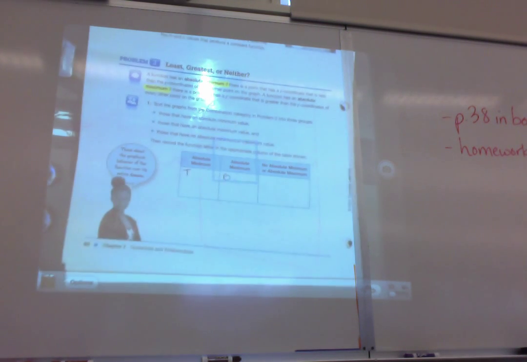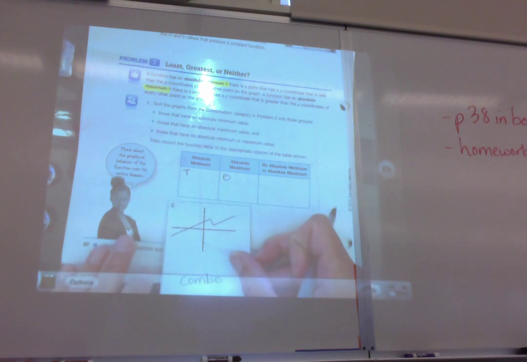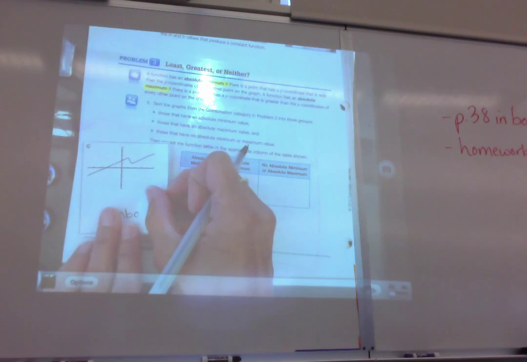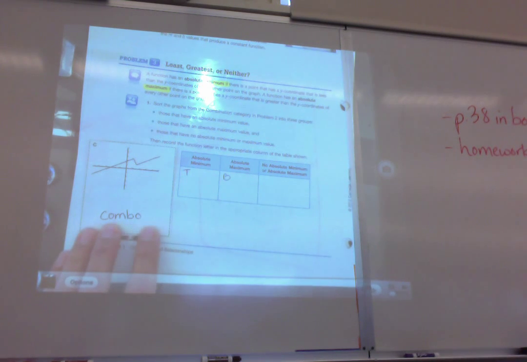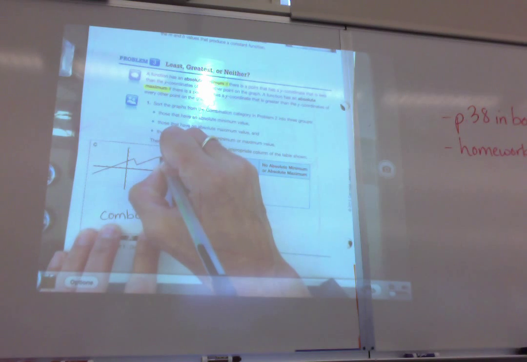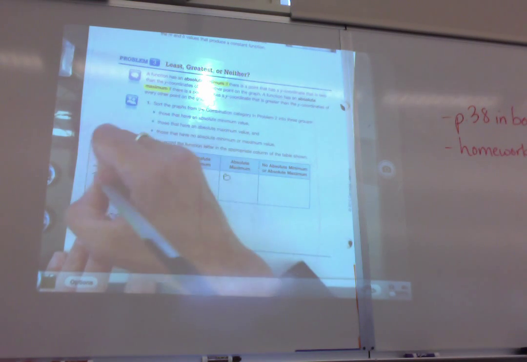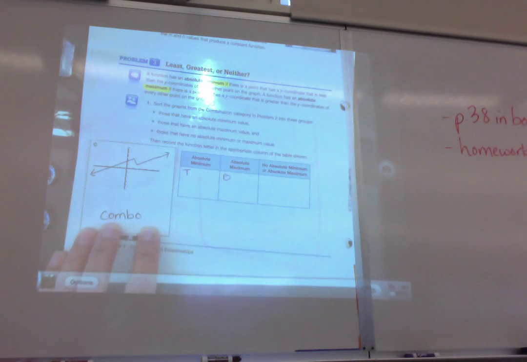Now I'm also going to find one that has no absolute maximum or minimum. For example, C. Why does this have no maximum or minimum? Yes, because it goes on. This looks like it ends, but at the end of these graphs, if we don't see an end point, we can assume that it goes to infinity.